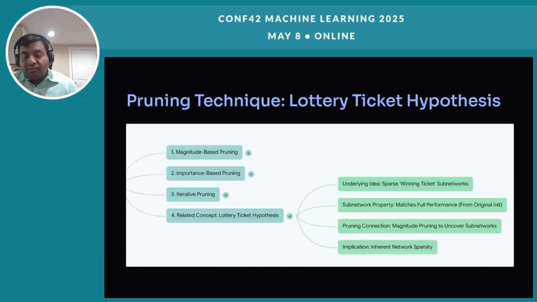What are the implications? This suggests that inherent sparsity might be a fundamental property of trainable neural networks. We don't necessarily need the huge dense network, we just need to find the right sparse structure within it. This provides theoretical backing for why pruning can be so effective without catastrophic accuracy loss, which is important for the edge.